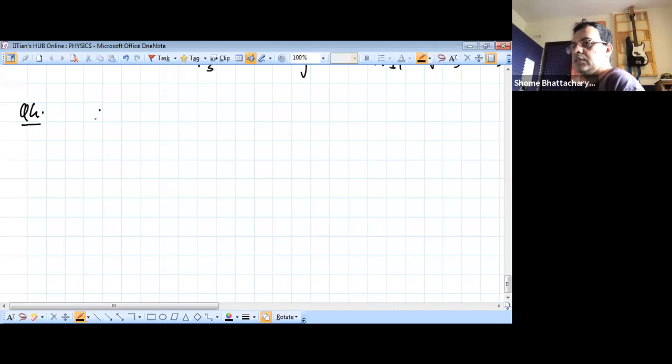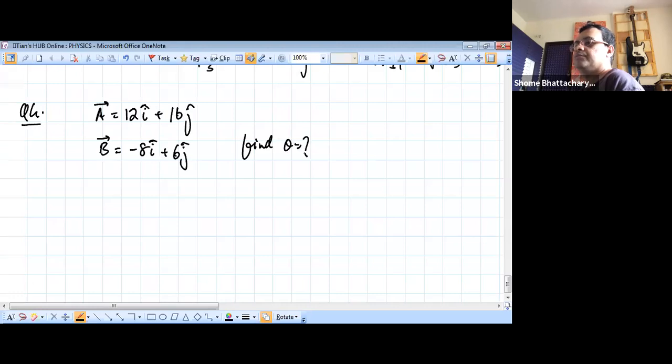Vector A is given to us as 12 i cap plus 16 j cap, and vector B is given to us as minus 8 i cap plus 6 j cap. Now we want to find the angle theta between them.